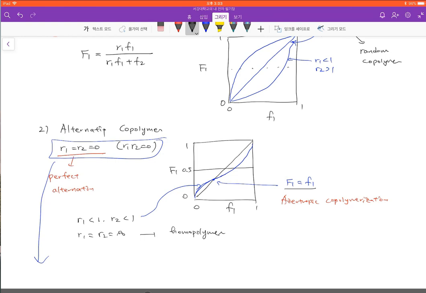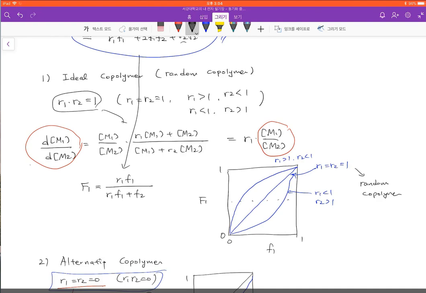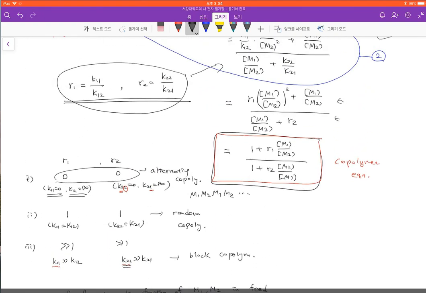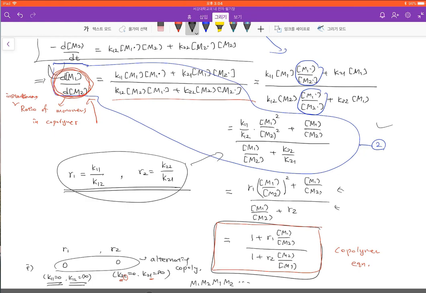So let's go back to the alternating copolymer case. In this case, the copolymer equation becomes, since R1 and R2 are 0, dm1 over dm2 is equal to m1 over m2.